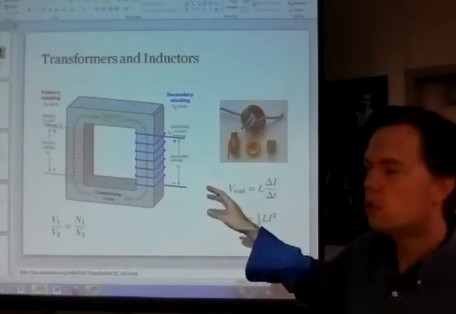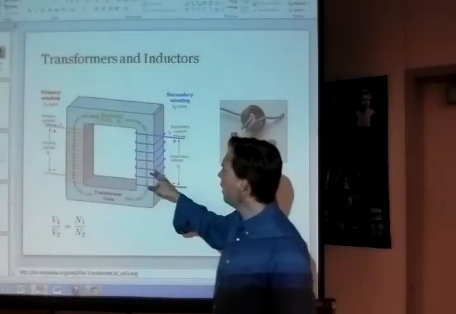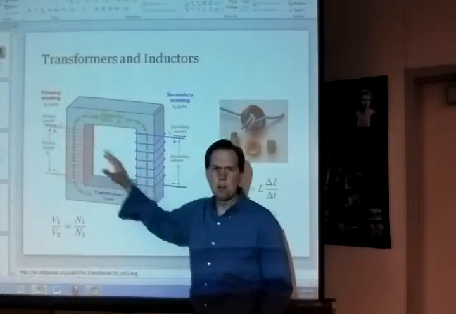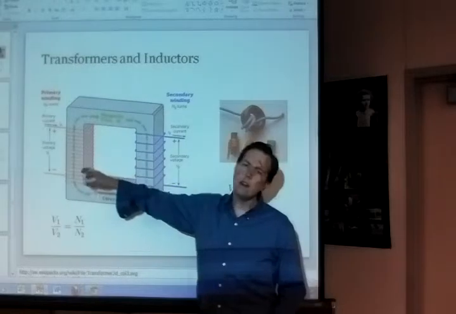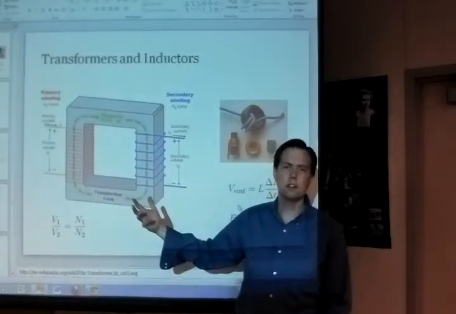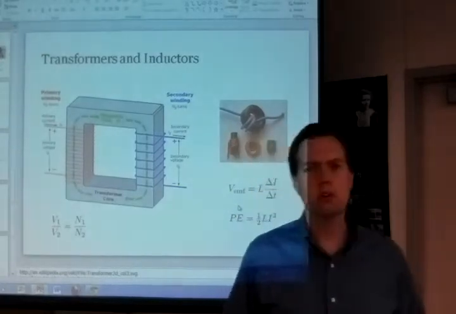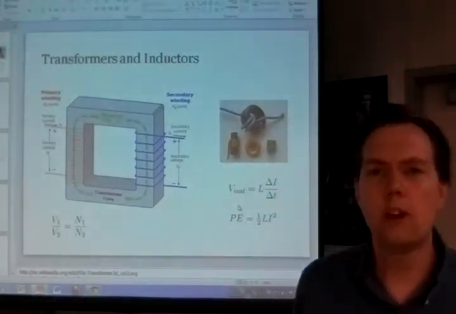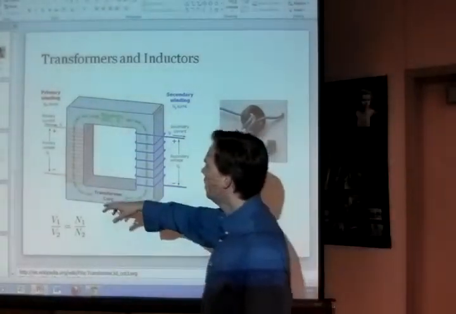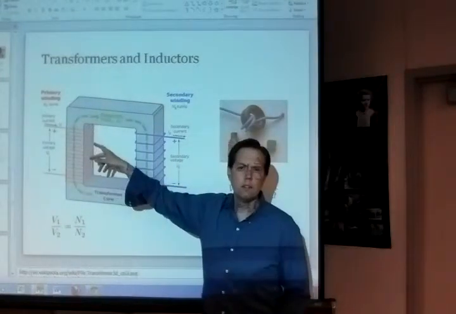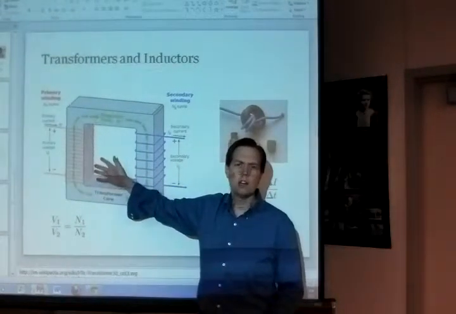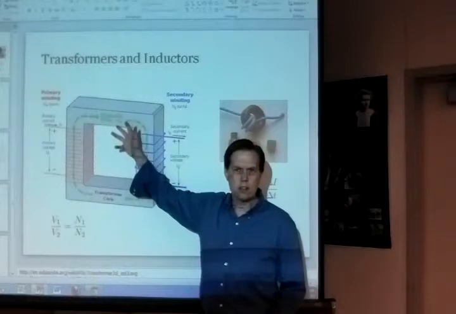You have two coils of wire, the primary and the secondary. The primary is the source in this case, so this is the thing I'm driving with my electric potential. What I do is I run current through this wire. This effectively becomes an electromagnet and generates a magnetic field.